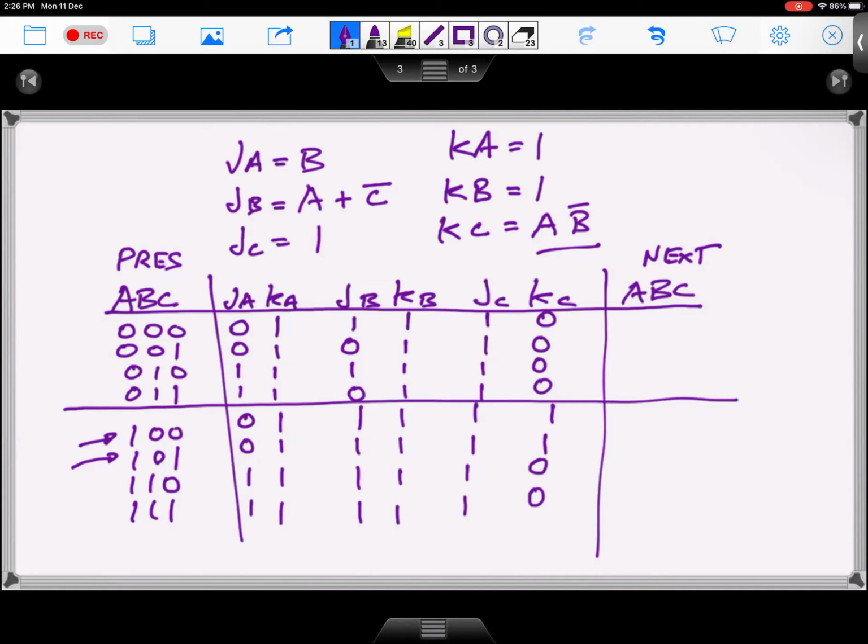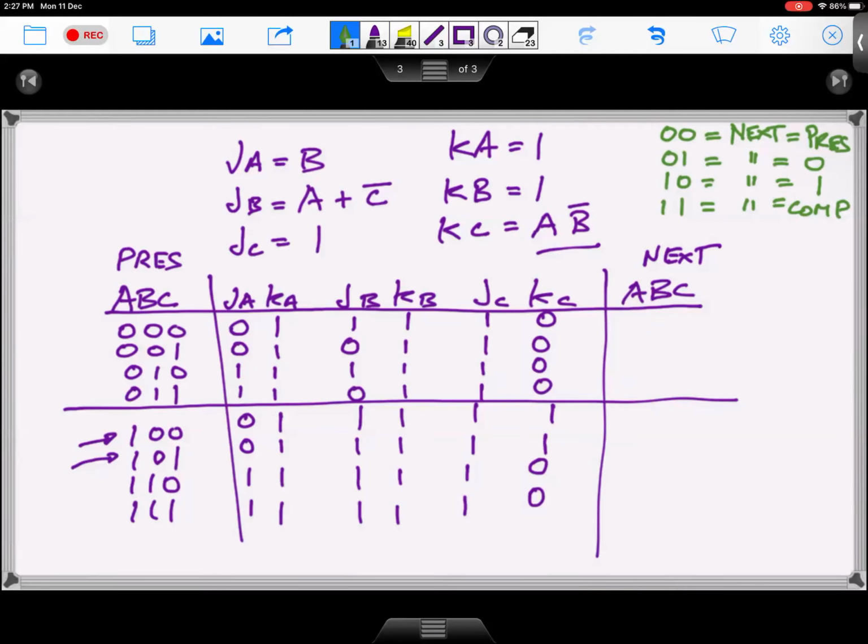And I'm going to just write a little table up here to help you. 0, 0: next equals present. 0, 1: next equals 0. 1, 0: next equals 1. And 1, 1: next equals complement. Okay?